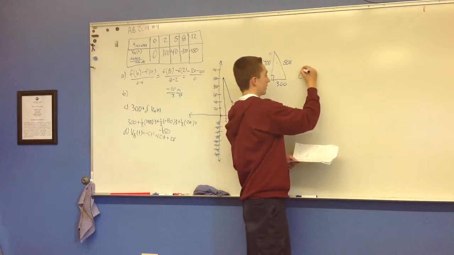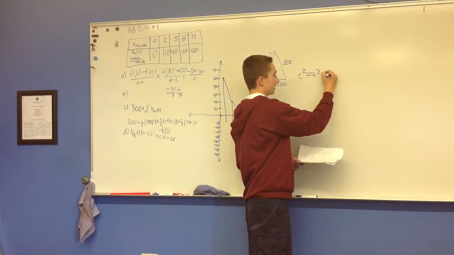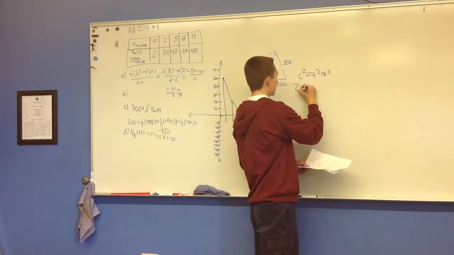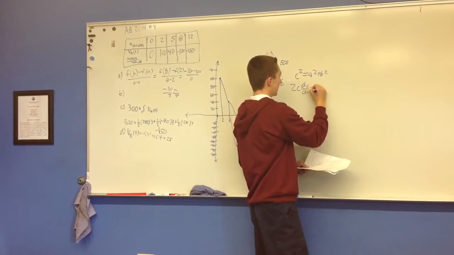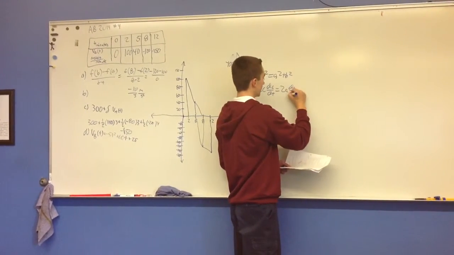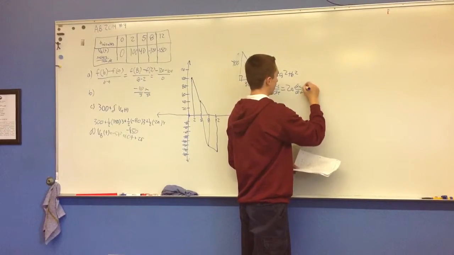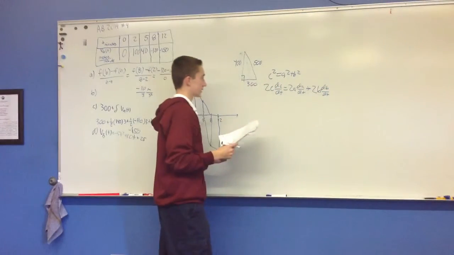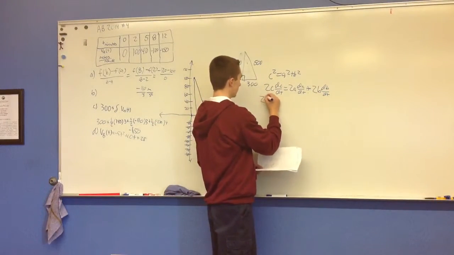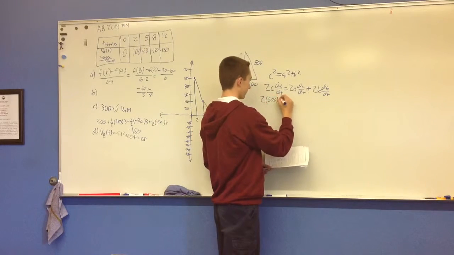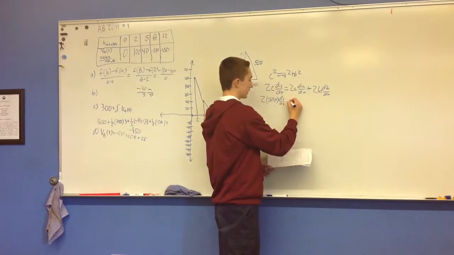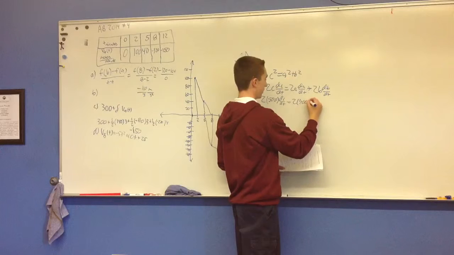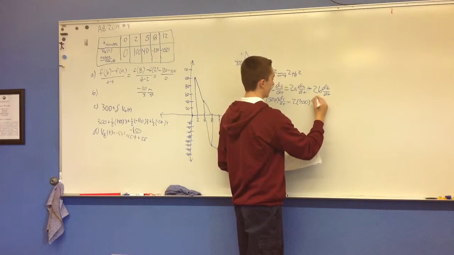Then we need the equation c squared equals a squared plus b squared, and we take the derivative of this, which gives us 2c dc over dt equals 2a dA over dt plus 2b dB over dt. Then we can start plugging in the values. So 2 times 500 times dc over dt, which is what we're solving for, equals 2 times 300 times dA over dt.